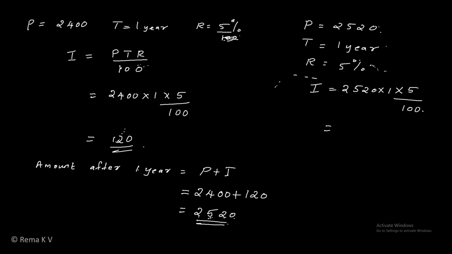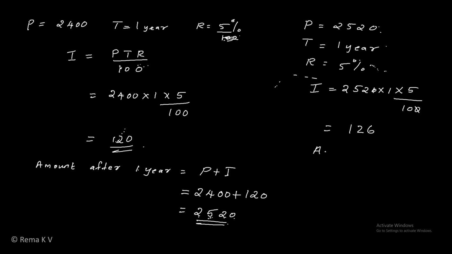How much? This gets cancelled, then 5 2s, 126. It is 126, not 1260. This 0 and 0 get cancelled, divided by 10. So it is 126. Okay.